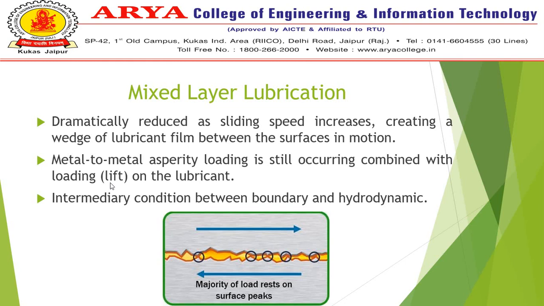That is the intermediate range of lubrication from boundary layer lubrication to hydrodynamic lubrication. So at that point the sliding speed increases drastically, creating a wedge of lubricating film between the surfaces in motion.